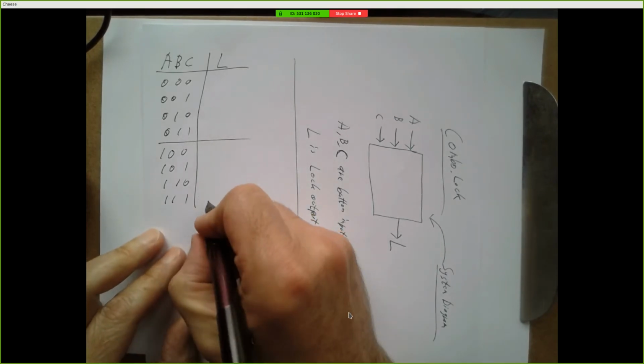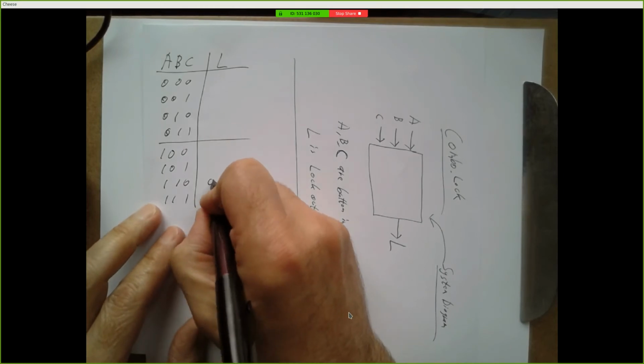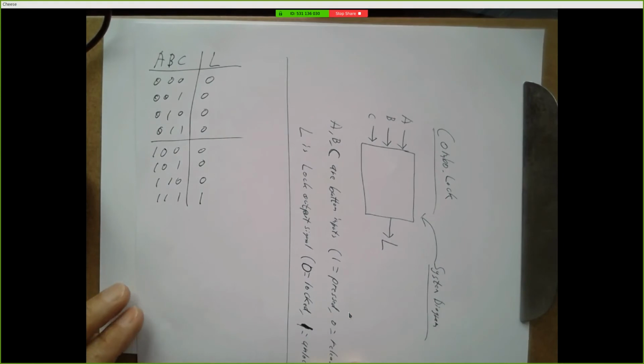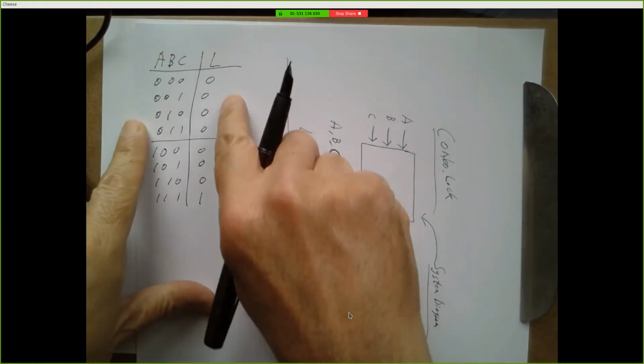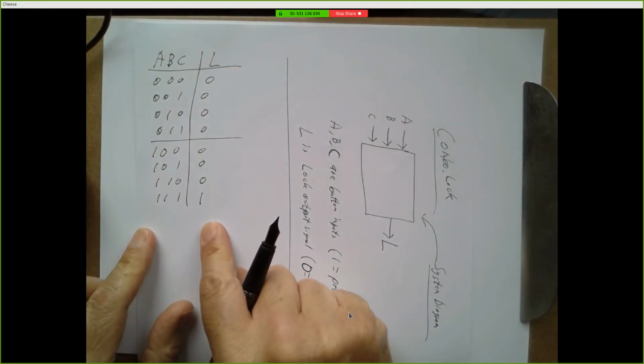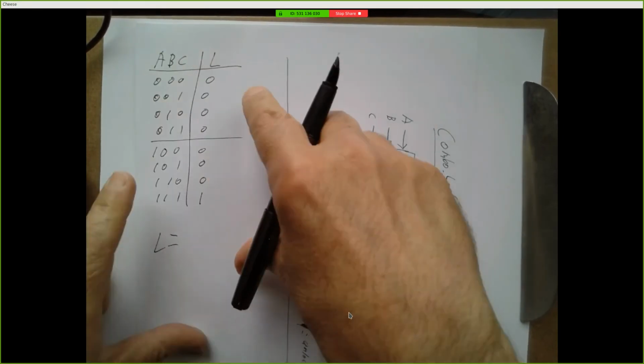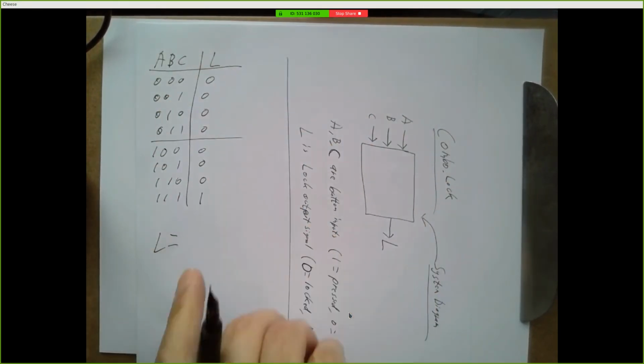Then we would want to unlock in this case and stay locked in all these other cases. So in that case, this would be the truth table for our circuit, and we would have to write an equation for L in terms of A, B, and C that generates this truth table. Does anybody have any idea what such an equation might be?